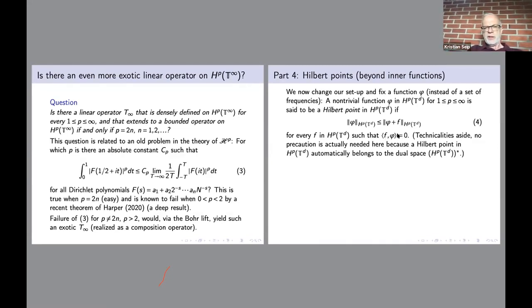I know that I'm cheating a bit, but there are some technicalities that you can read about in the parentheses. So you see, what do we have?